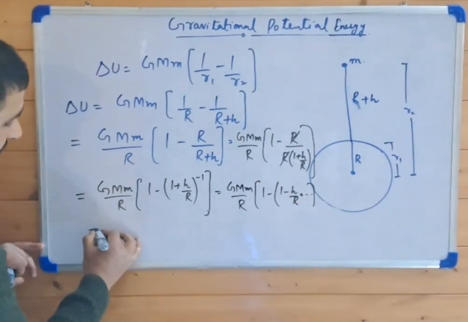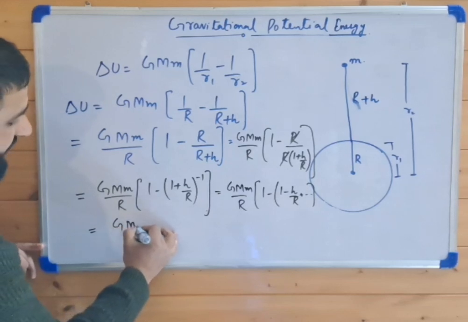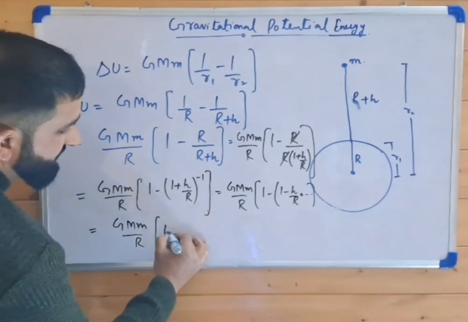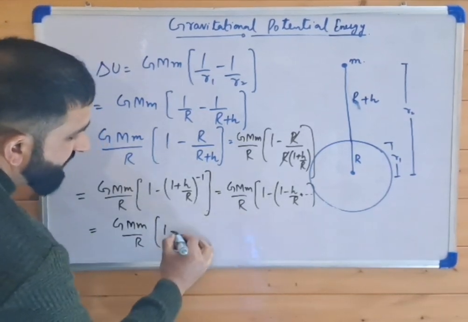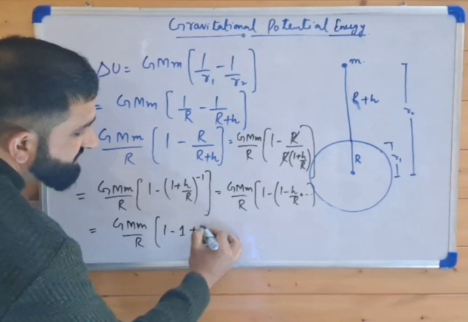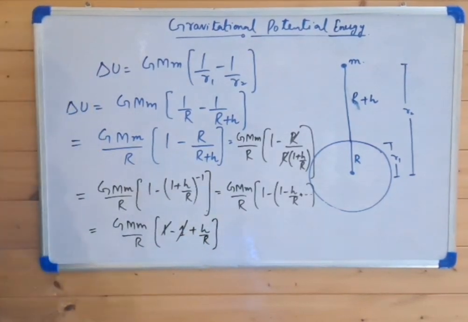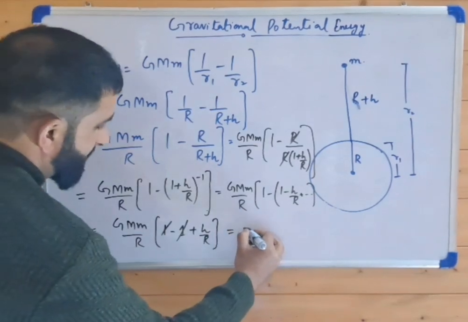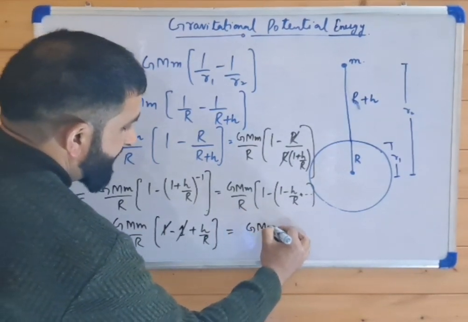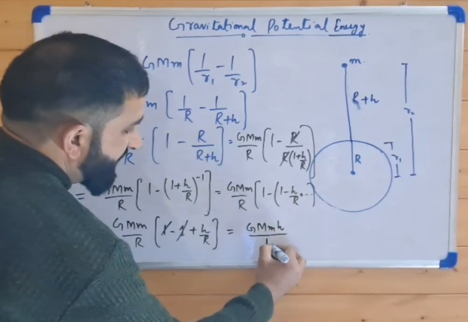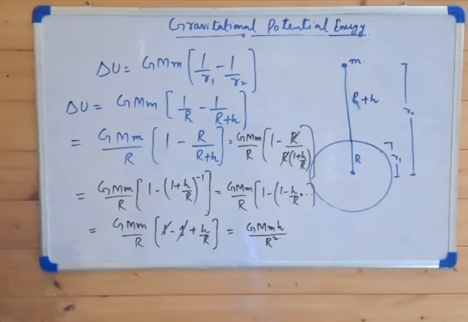So we have delta U equal to GMm divided by R into 1 minus, multiplying by minus 1, 1 minus h divided by R. 1 and 1 go, so delta U becomes equal to GMm into h divided by R square.